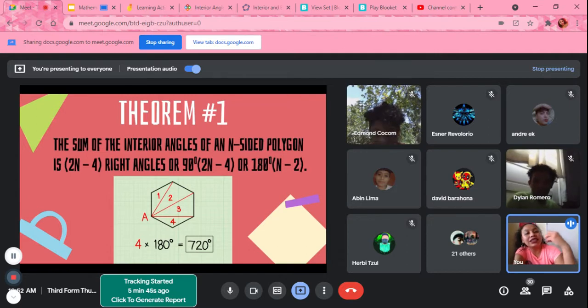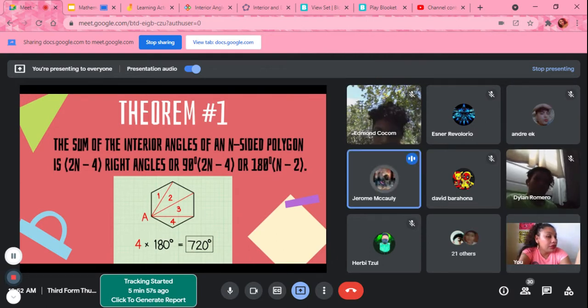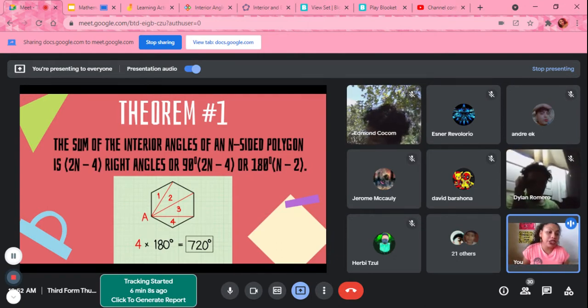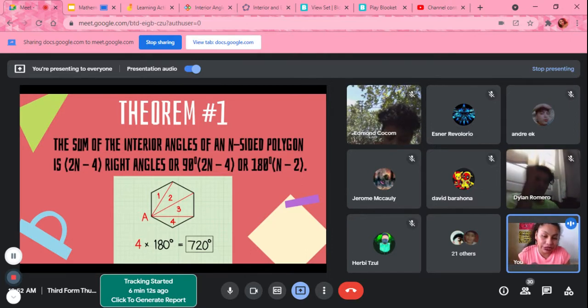And that is the sum of the interior angles. What about a quadrilateral? What is the sum of the interior angles of a quadrilateral? 360. Very good, Jerome. 360. And that is the sum of the interior angles. That means that in a triangle, the three angles are supposed to give me 180. In a quadrilateral, the four angles are supposed to give me 360.